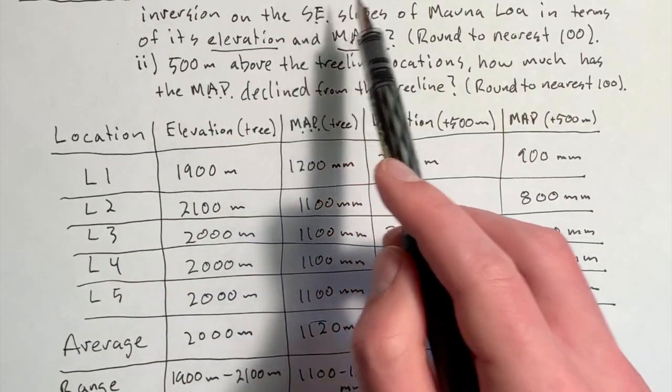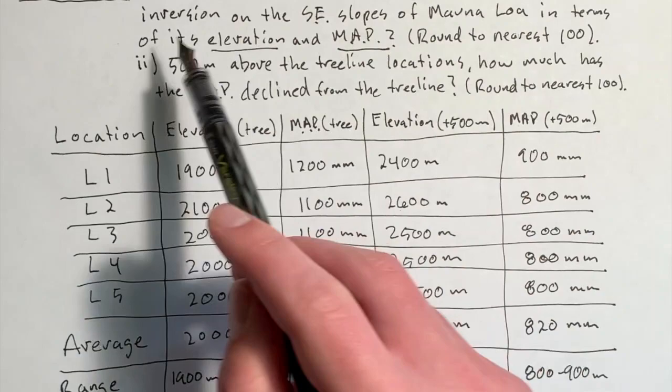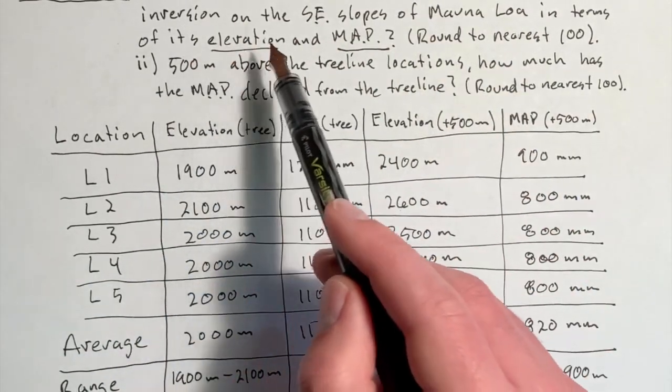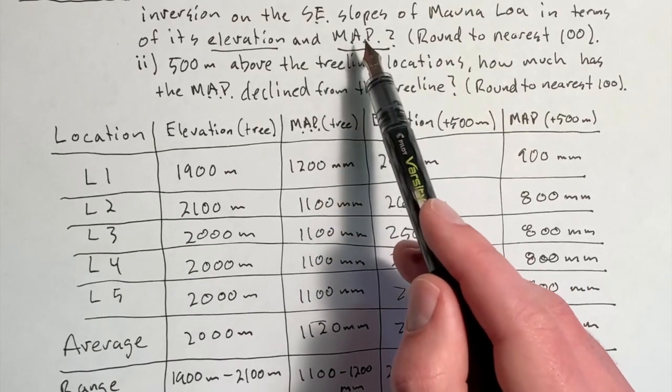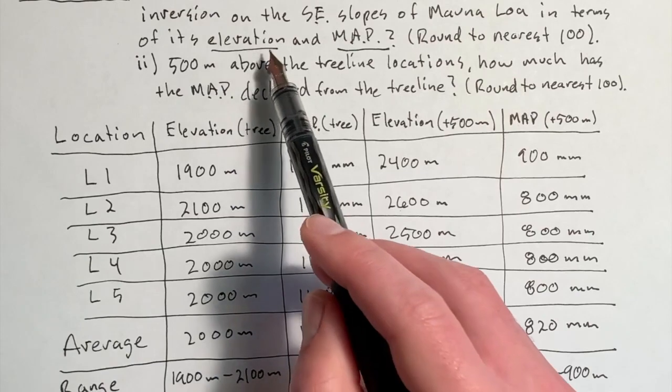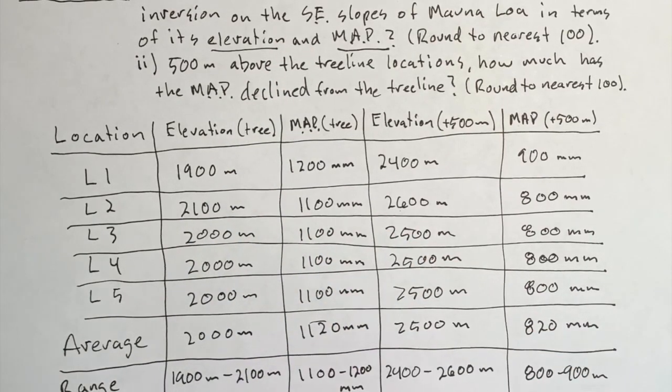So just to make sure we've answered all parts of the question, let's go through it again. What is your mean and range for the trade wind inversion on the southeast slopes of Mauna Loa in terms of its elevation and mean annual precipitation? So, in terms of elevation, our mean is 2,000 meters.